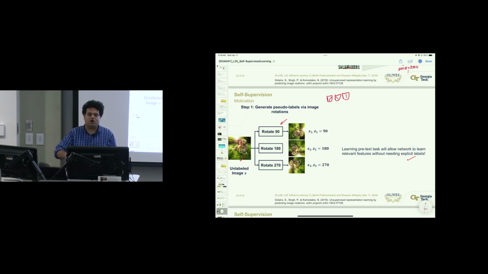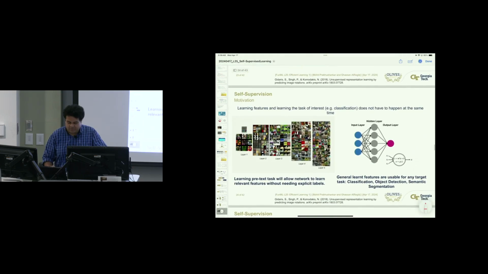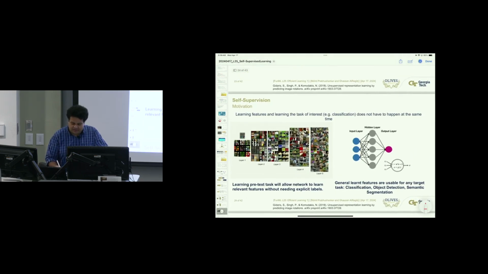So the idea of taking these features and transferring them from one task, in this case a pretext task, to the original goal, which is classification, is essentially what self-supervised learning algorithms do. Learning features and learning the task of interest does not have to happen at the same time.